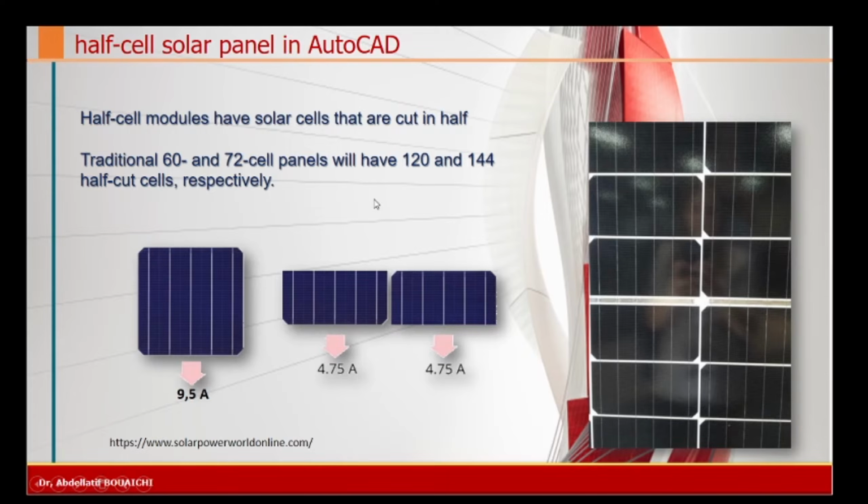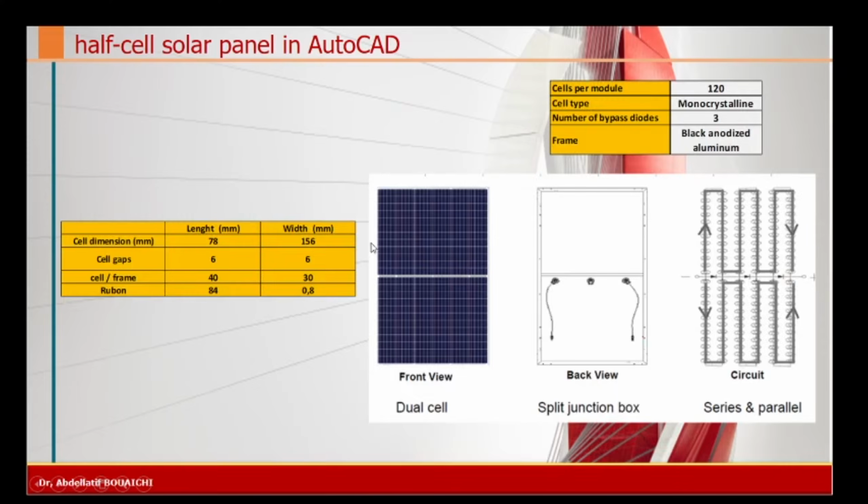In this tutorial, we are going to draw in AutoCAD a photovoltaic panel with half cell technology with 120 cells. This is the various properties of the solar panel.